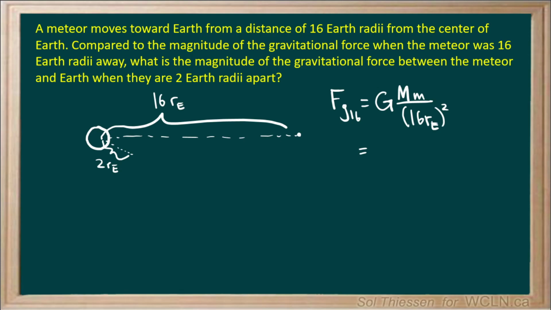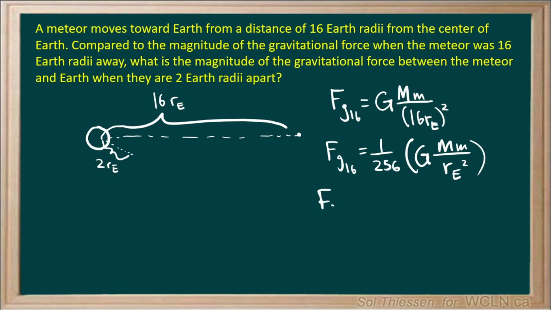So that will be equal to, 16 squared is 256, so it'll be 1 over 256 times GM over the radius of Earth squared.